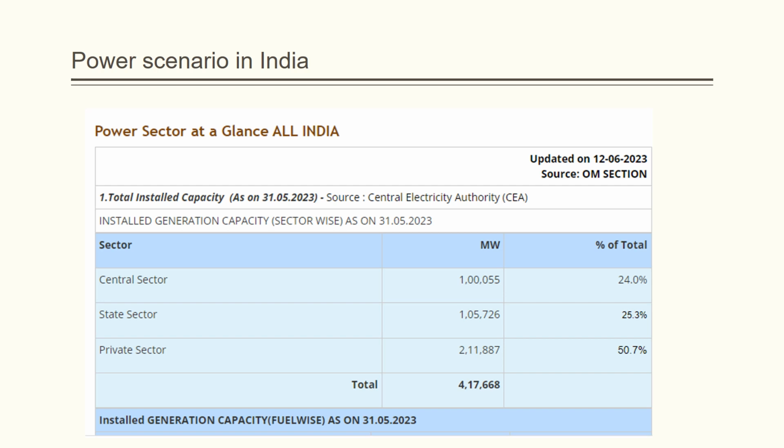Here the installed generation capacity as on May 31st of 2023: the central sector has 1,55 megawatt and state sector has 1,05,726 megawatt, whereas private sector is 2,11,887 megawatt. In total, we have 4,17,668 megawatt, the installed generation capacity as on 31st of May 2023.